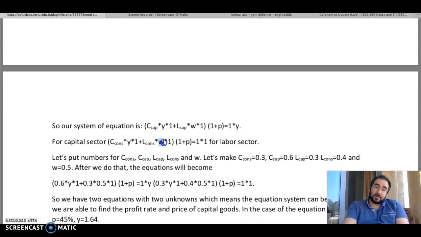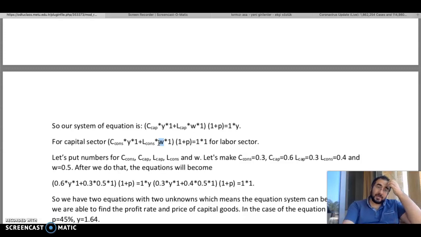How do we know we have fixed the wage? We know because the price of the consumer goods is fixed at 1, and when the wage doesn't change, the buying power of the wage remains the same, because workers buy consumer goods. They don't buy capital goods.